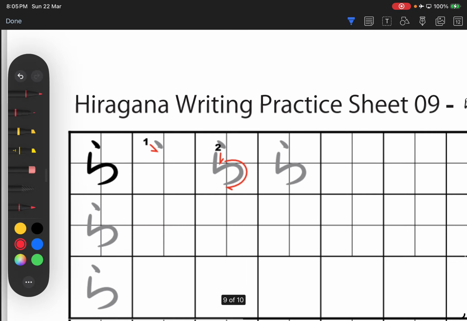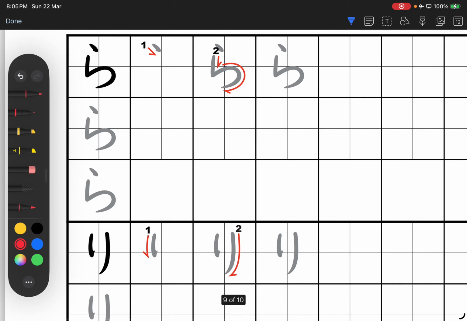And then finally we have the ra. Japanese we don't have an R sound, they are similar to an L sound. That's why our grandfather, grandmother, instead of radio, they say it with an L. So it's an L sound. Ramen is what Singaporeans say.